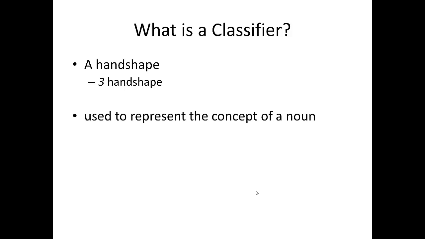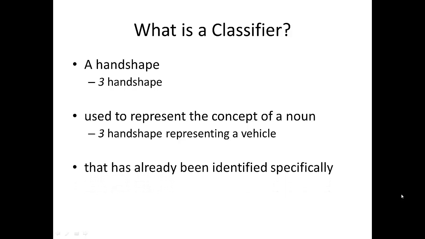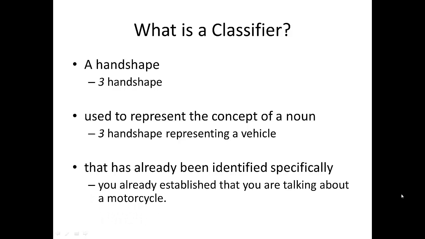A hand shape that is used to represent the concept of a noun. For example, the three-hand shape can represent a vehicle. And that noun has already been identified specifically. So you must establish what you're talking about before you use the classifier.